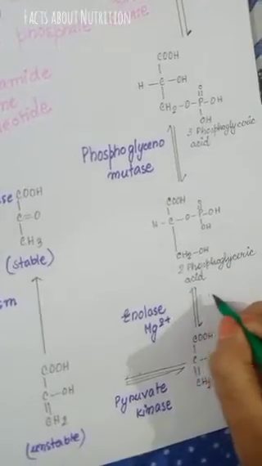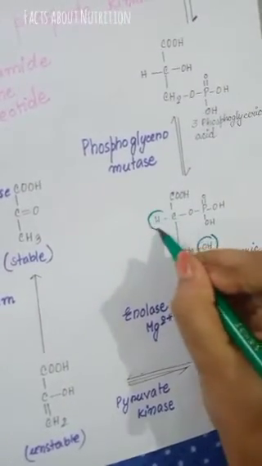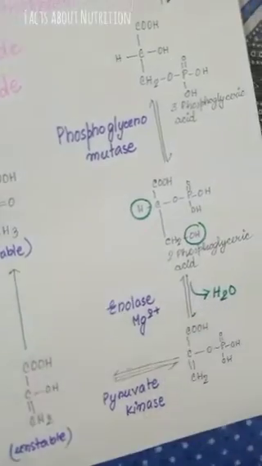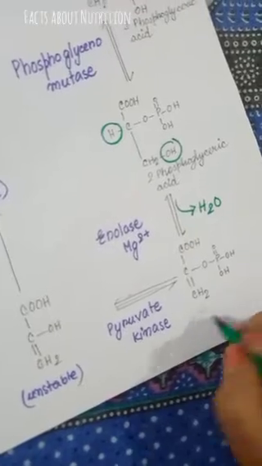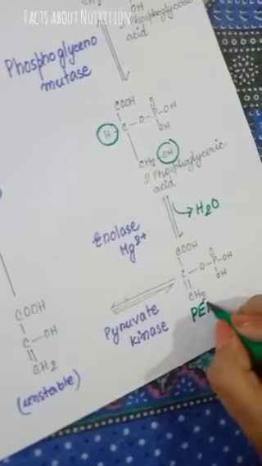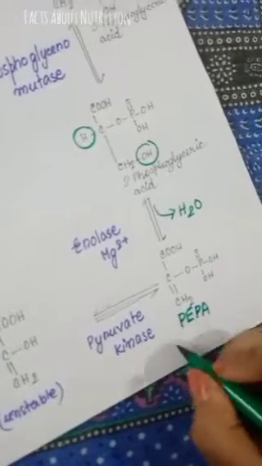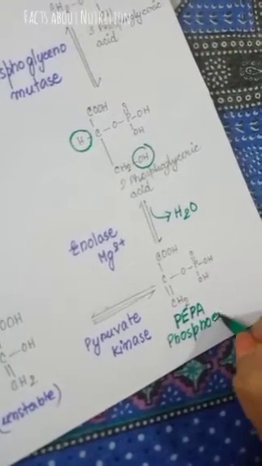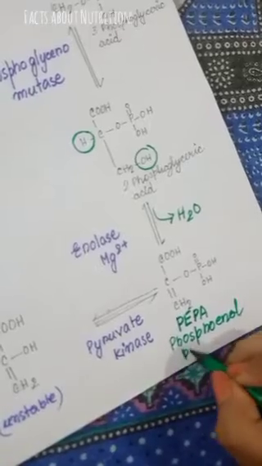Next, this OH and this H will go out. H2O will go out and it will form this. The name is PEP, that is phosphoenol pyruvic acid.